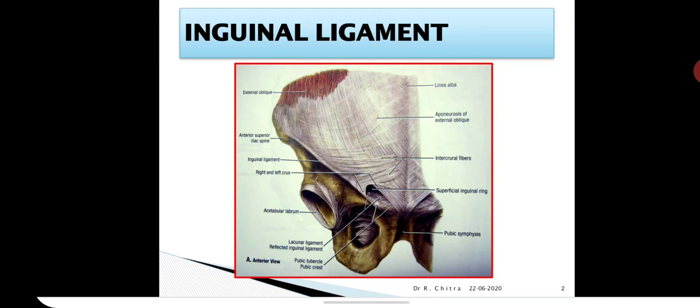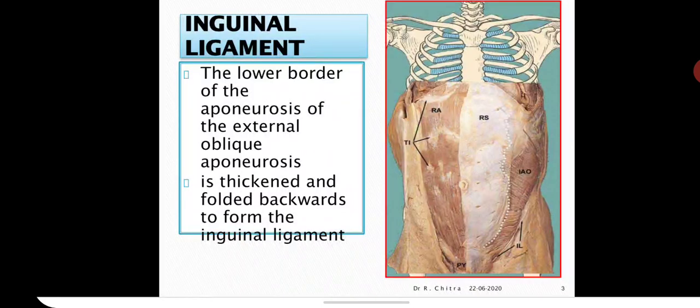So have you seen the inguinal ligament in this image, which is the lower border of the thickened aponeurosis of the external oblique muscle. Again in this image you try to see the lowermost two arrows. It is marked as IL.